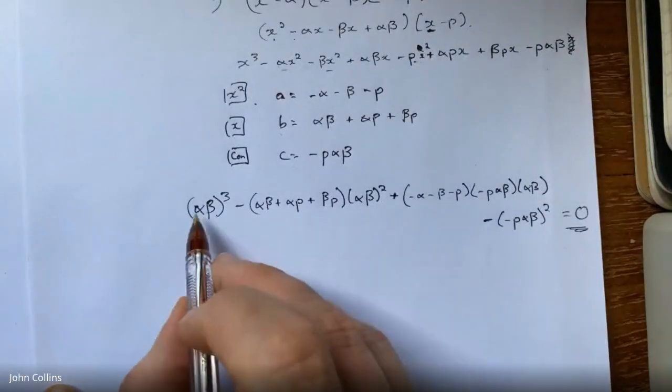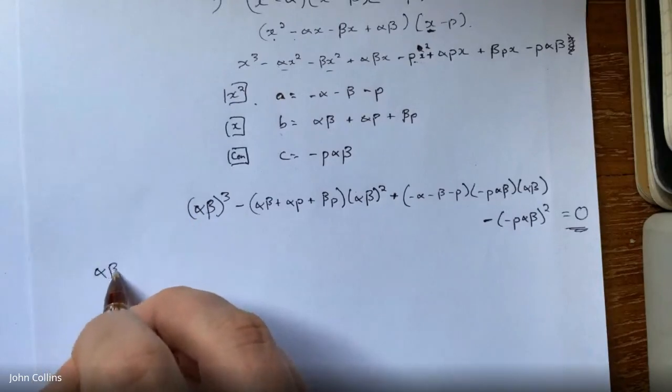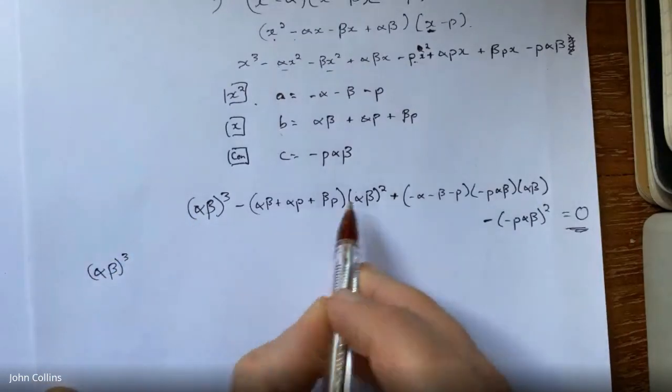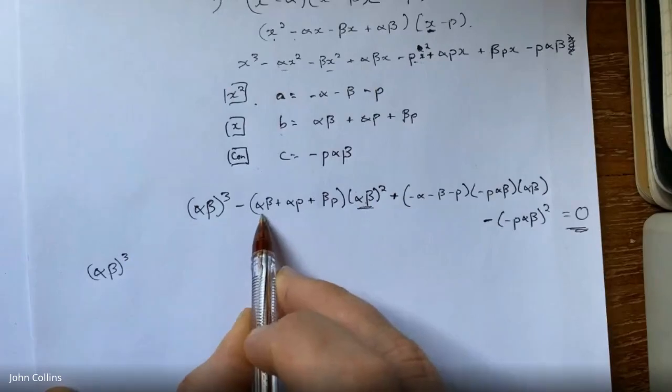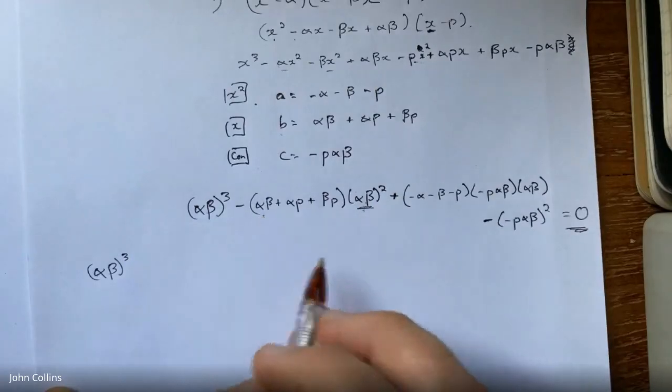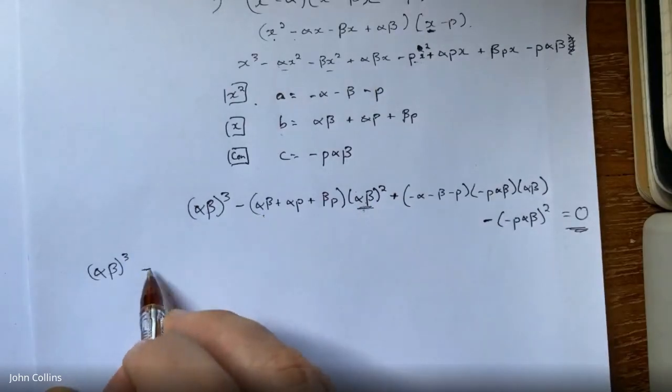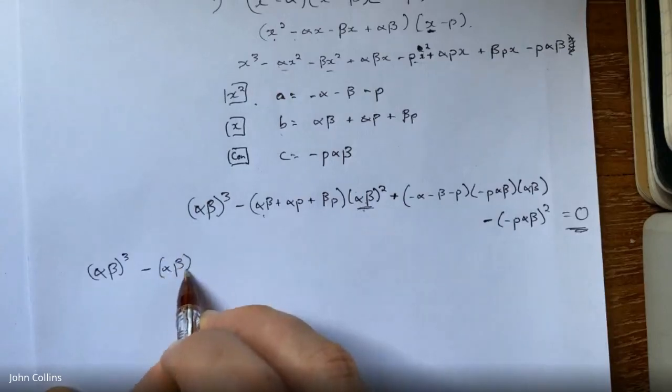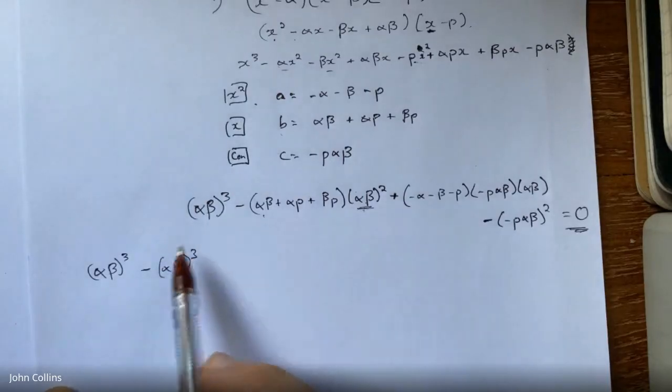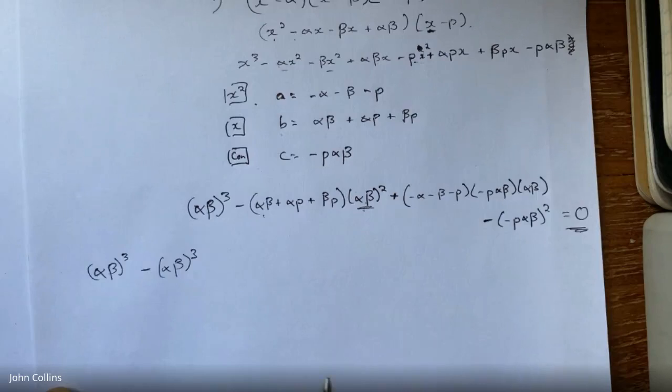Let's just keep alpha beta cubed out front here. Don't need to cube that out. I'm going to multiply alpha beta squared by all that. Alpha beta squared by alpha beta gives that, and that minus in front gives a minus alpha beta cubed, which I'm slightly relieved at because then alpha beta cubes are gone.